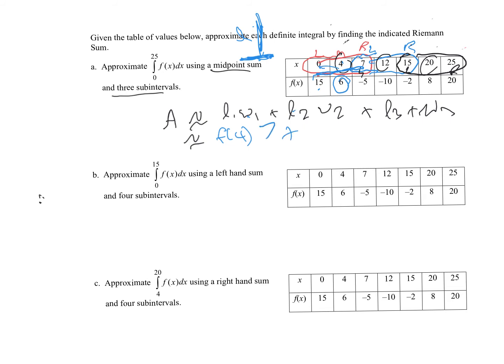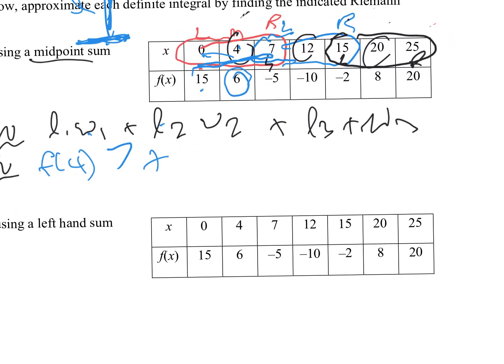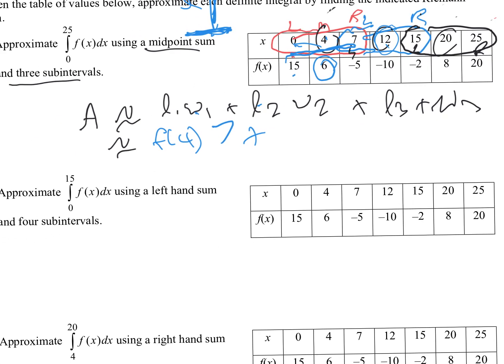My length of the second rectangle, look carefully, has to be f of 12. That's where the midpoint goes. f of 12 times its width. 15 minus 7 is 8.